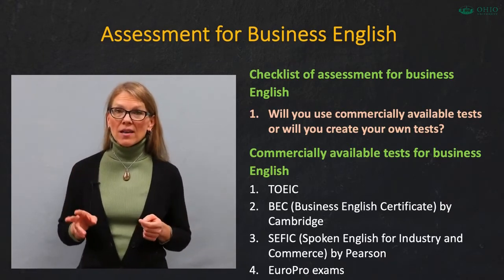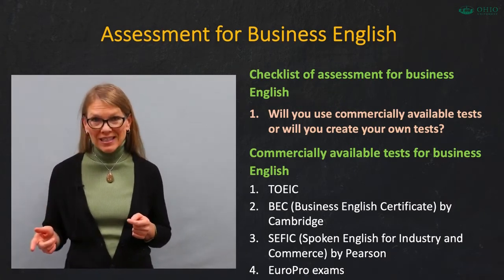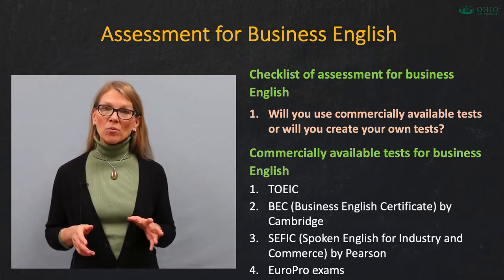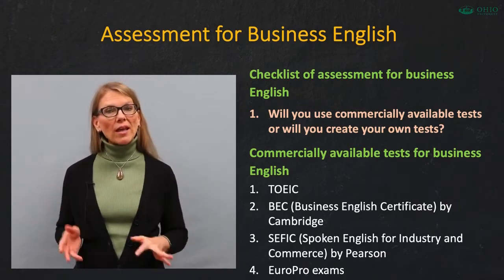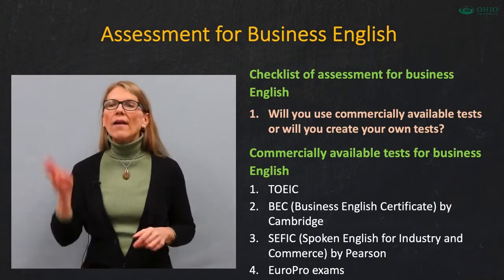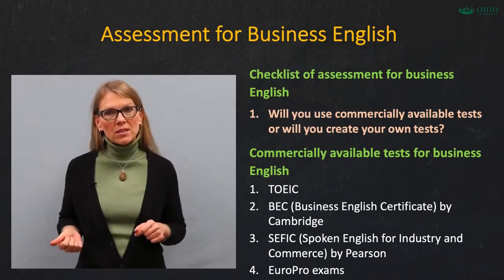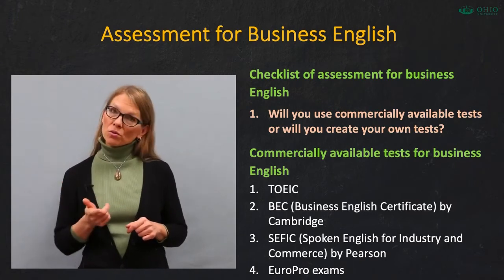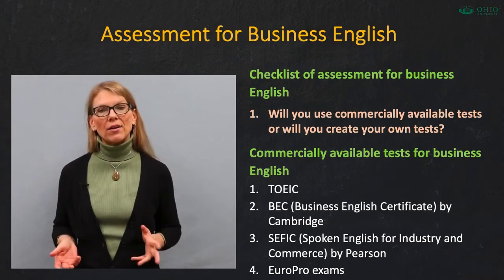The second one is BEC, or Business English Certificate, which is developed by Cambridge English. BEC tests your English in business settings, and there are 3 different levels. There are B1 for Business Preliminary, B2 for Business Vantage, and C1 for Business Higher.